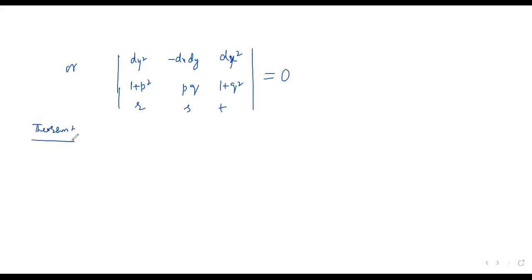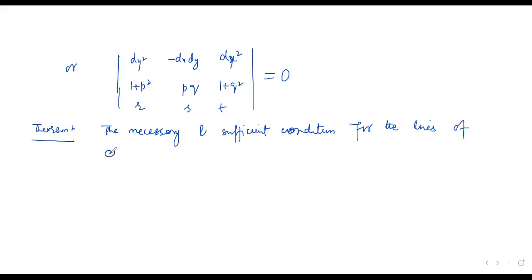Again, it's not that difficult. ये है कि the necessary and sufficient condition for the lines of curvature to be parametric curves is F equal to 0 and M equal to 0. अगर ये दोनों 0 है, we can choose them to be parametric curves. Let's prove it.